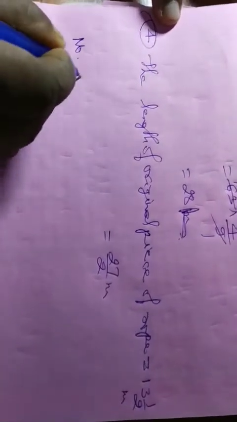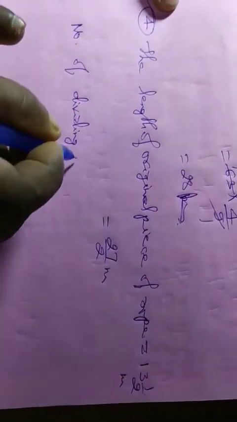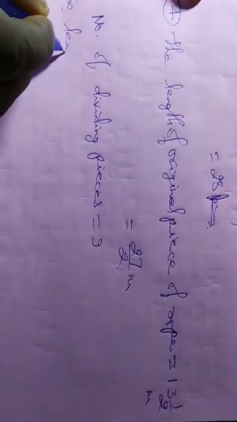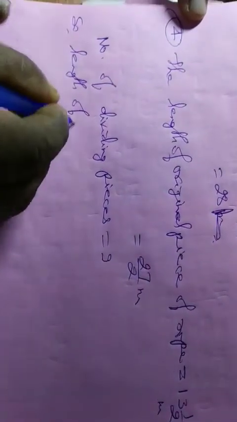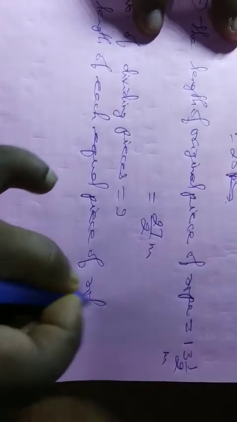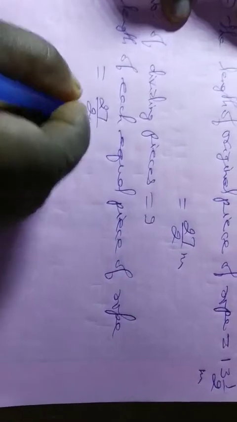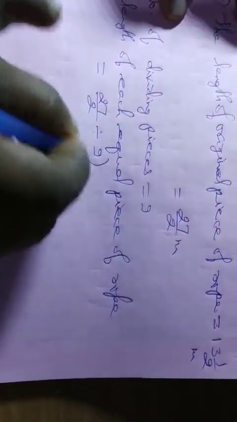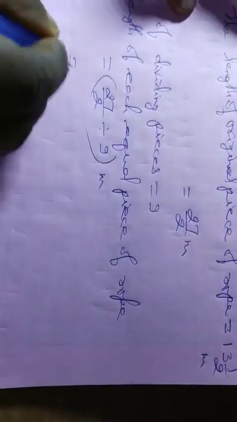Number of dividing pieces is equal to 9. So therefore, the length of each equal piece of rope is equal to 27 by 2 divided by 9 meter.